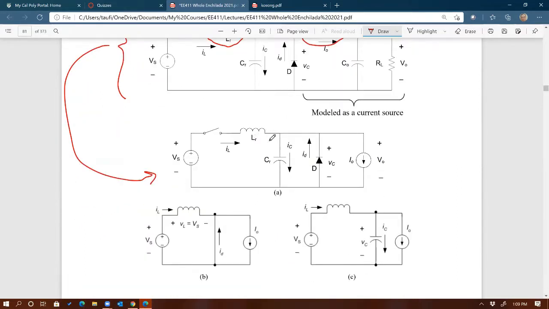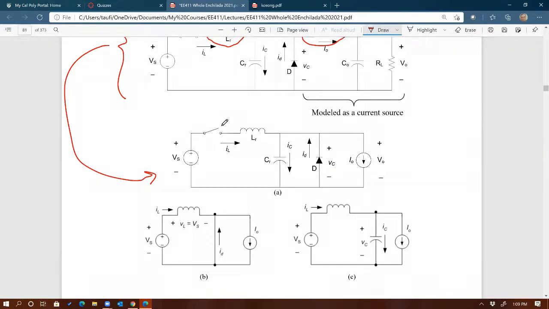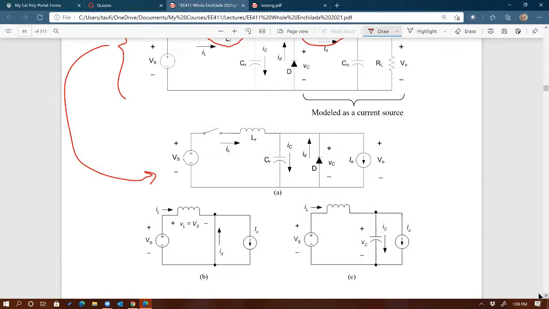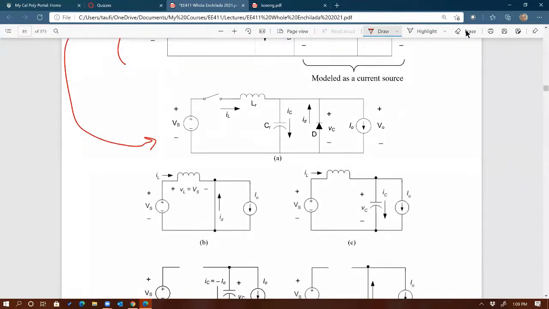So if we can somehow resonate this inductor with the capacitor, then we know from the previous section that the inductor current is going to be a sine wave. If this inductor current is a sine wave, since the switch is in series, the switch current will be a sine wave as well. So that's the trick right there. Any questions so far? I'm going to do this slowly. Okay, there are no questions.